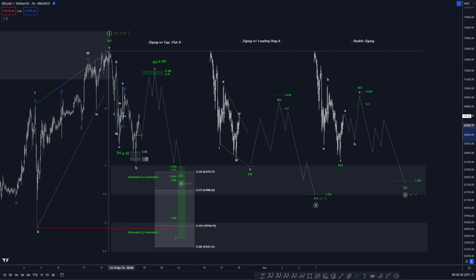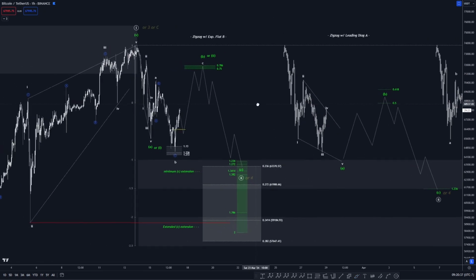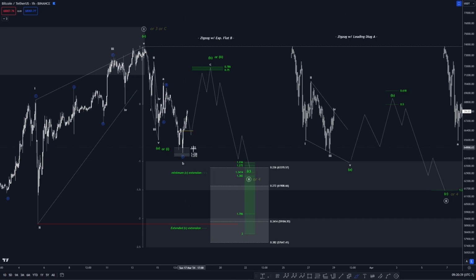Now, internally, I'm seeing this as a flat, like that. Let me zoom in just a little more here. So we've hit expanded flat targets, and we've been accepted right back into the range. This looks good for a flat pattern, meaning this is a 1, we'll retrace for a 2, push up for a 3, pull back for a 4, and then make a 5th for the C of the B, or a potential 2.